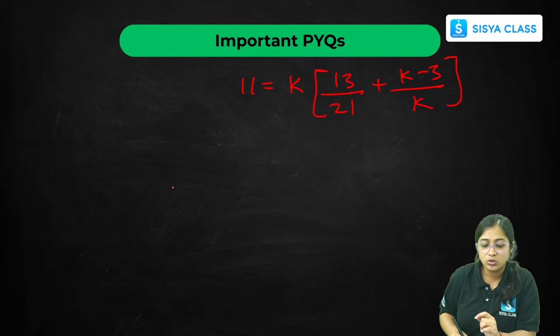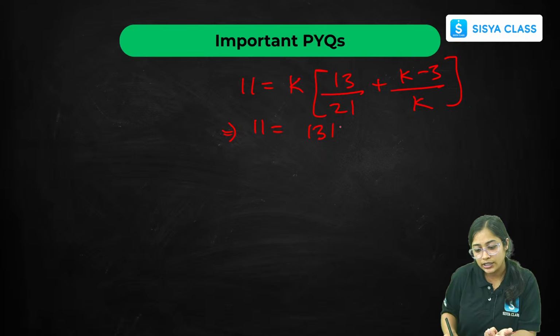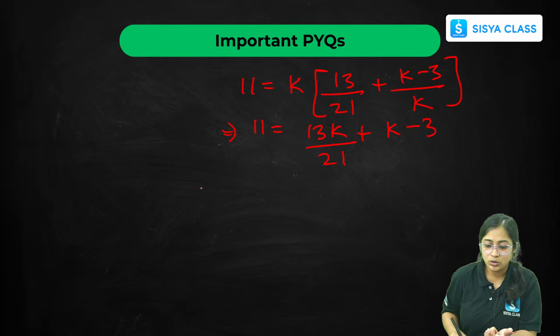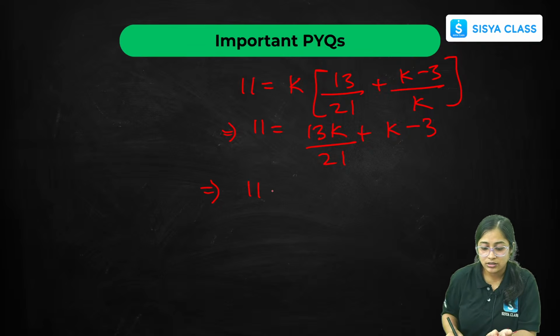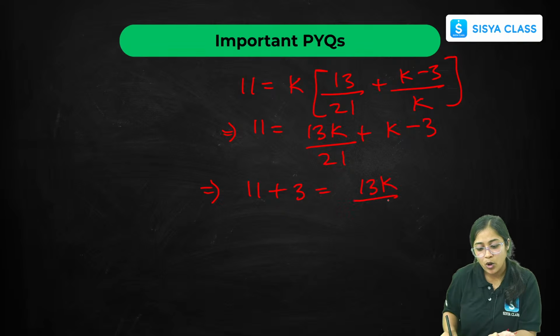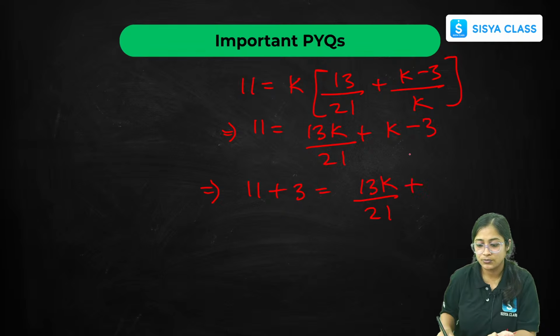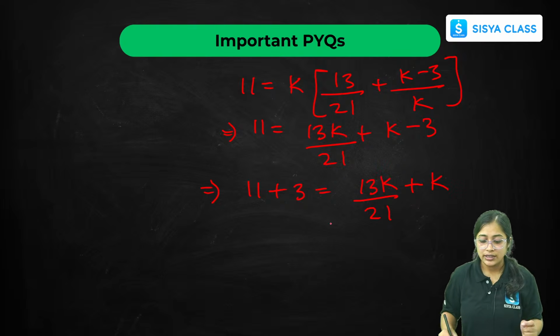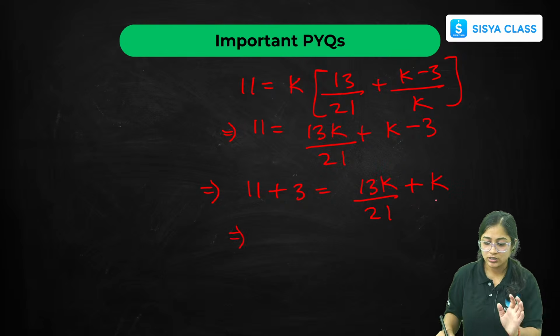After this, what will you do? Just multiply with k. So 11 equal to 13k upon 21 plus k minus 3. Then you will get 11 plus 3 equal to 13k upon 21 plus k, right? Then you can take the LCM, it is 21.